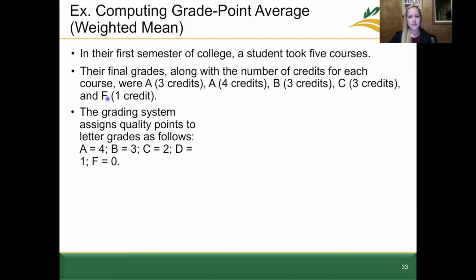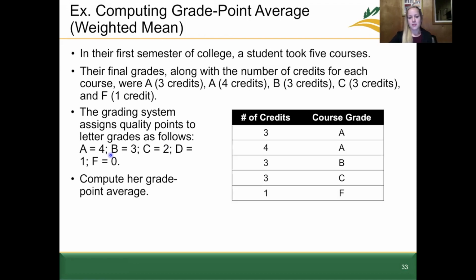Another piece of information we need is that the grading system assigns quality points to letter grades as follows: an A is equivalent to 4, B 3, C 2, D 1, and F 0. So now let's compute this grade point average, this GPA.